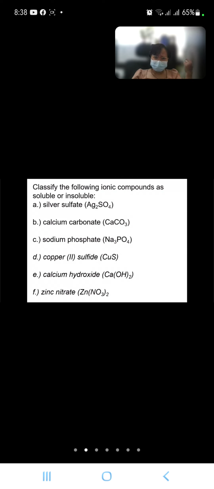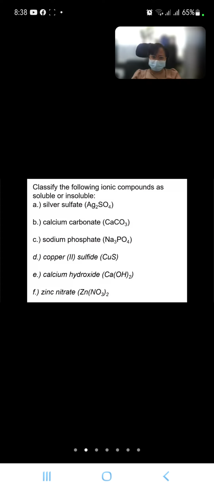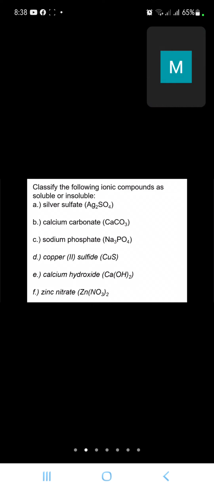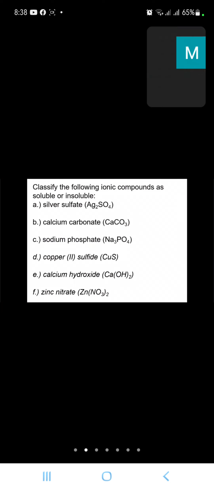is it soluble or not? Yes, like for example, sodium sulfate. It's soluble. So it would have been soluble, but since it is paired with silver, it cannot be soluble. It became insoluble. Correct. How about number 2? Calcium carbonate is insoluble po.